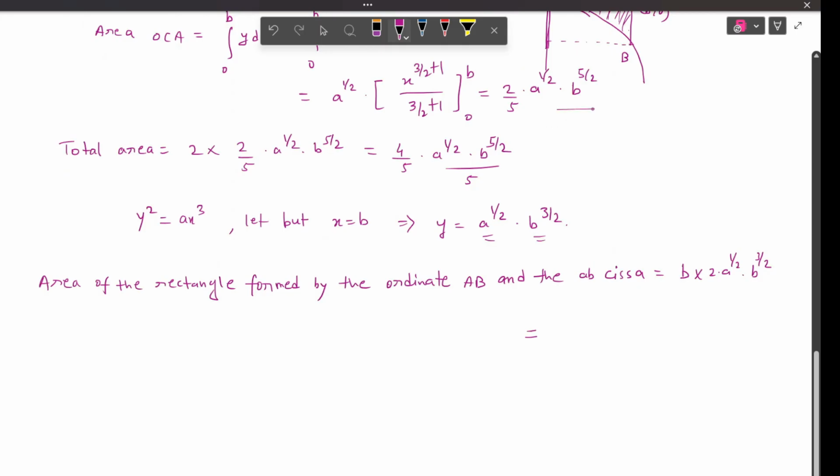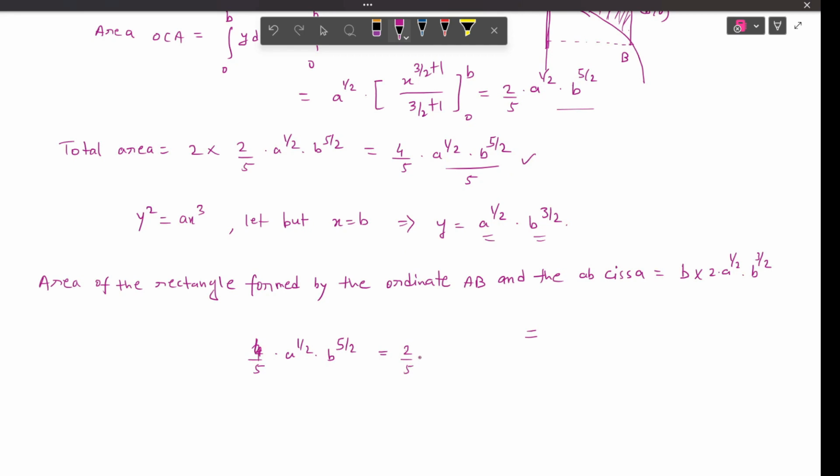So the area we got is 2 by 5 into a to the power half into b to the power 5 by 2. So we can say that, sorry, we got this area 4 by 5. So we can write it as 2 by 5 into twice a to the power half into b to the power 5 by 2.